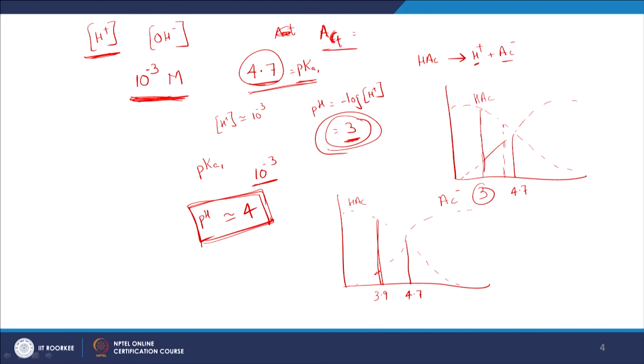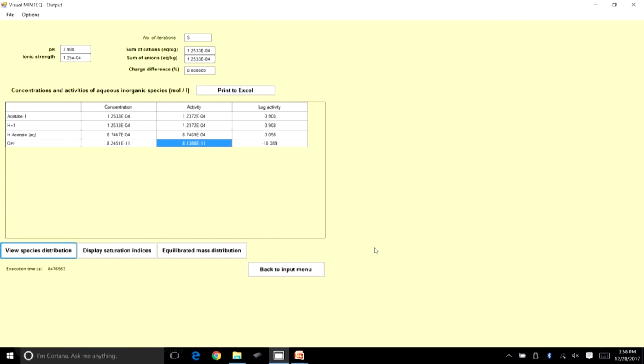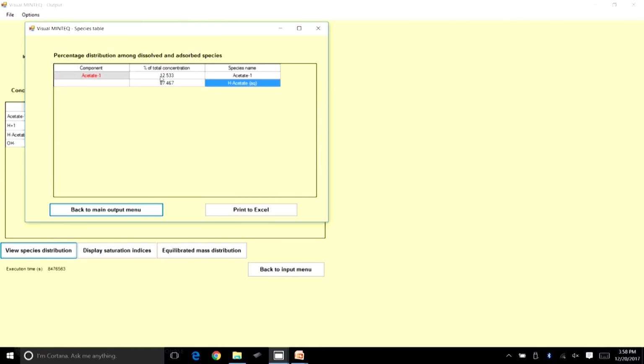So what do you see here? You see that most of it is present as HAC and only some of it is present as AC minus. That is why it shows only 12% is present as the deprotonated form, acetate, and 87% is present as the acid. That is what we would expect, and that is what we just observed too.